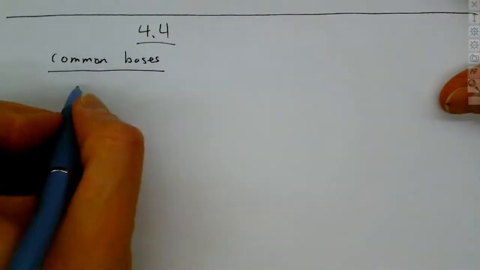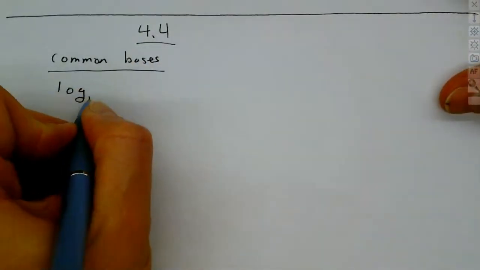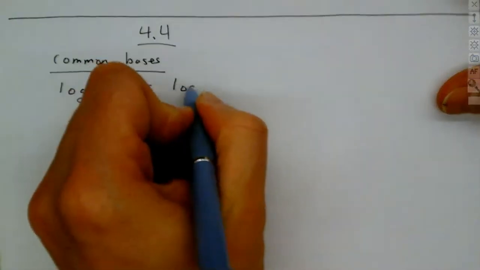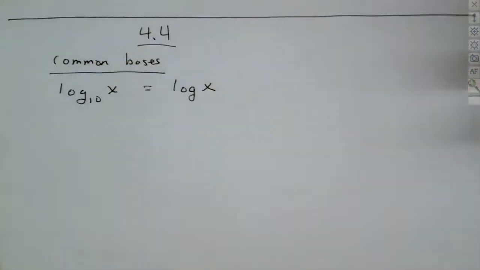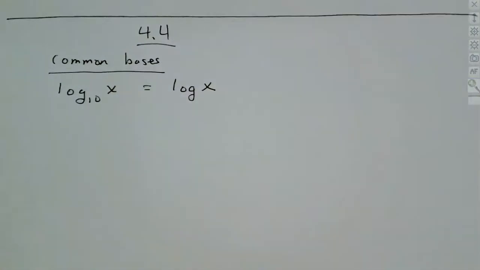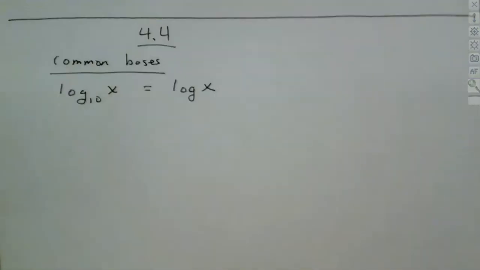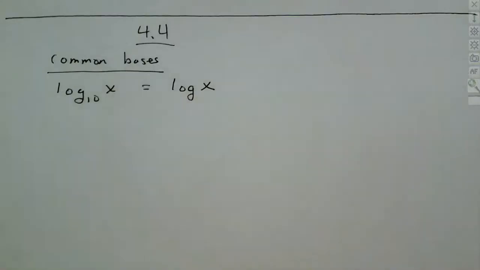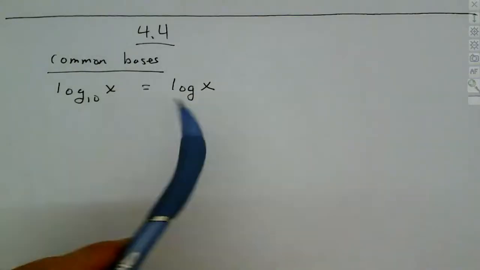The first one is log base 10 of x. We can write this as just log x. So if it's a log base 10, then we don't need to write the 10, because we understand that if there's no number, this is log base 10. And that's the calculator key.